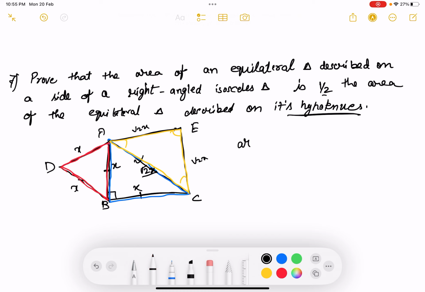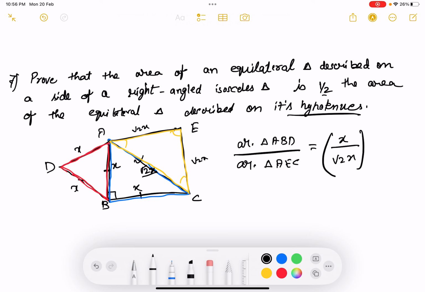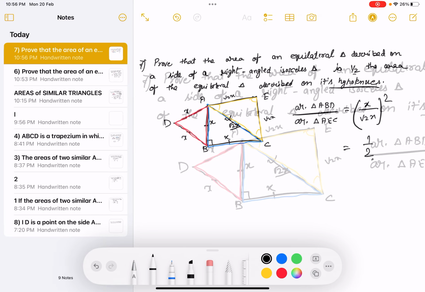They are similar, therefore the ratio of the area of triangle ABD upon the area of triangle AEC is equal to the square of their corresponding sides. ABD side is x, and AEC side is root 2x, whole square, which will be equal to 1 by 2.